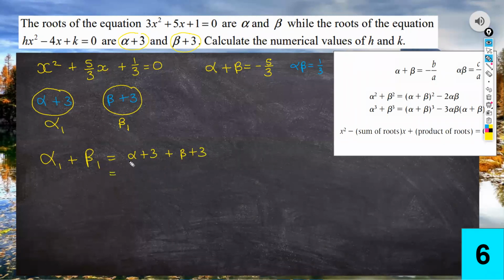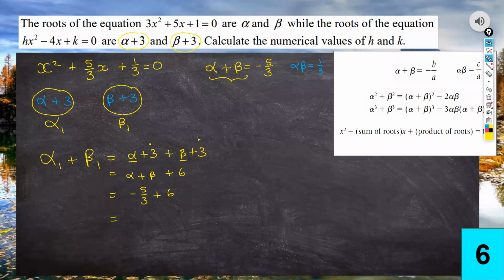When we summarize this, we put the alpha and beta together: alpha plus beta, and then 3 plus 3 is 6. We know from up here, we can steal the value. Anywhere we see an alpha plus beta, we can replace it with -5 on 3, and add 6.